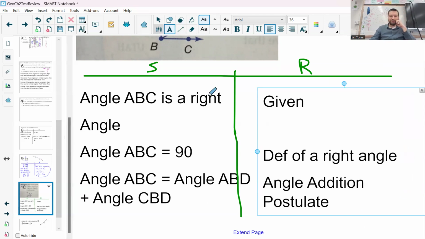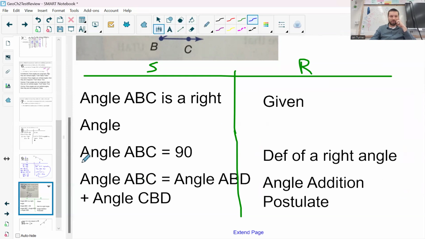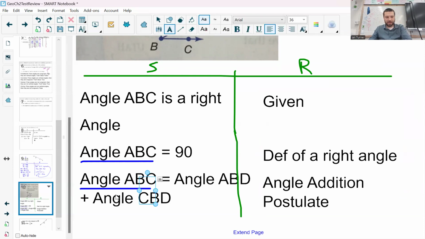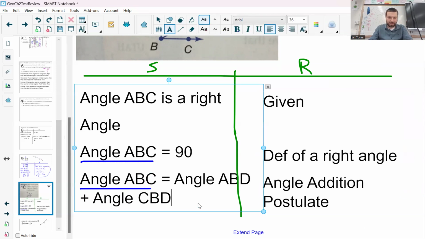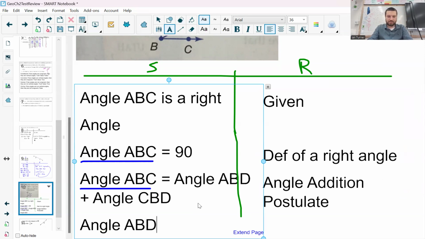Look at what we have here. Okay, we got angle ABC here. We got angle ABC here. Maybe we could set those equal. Let's do that. If we go ahead with that, we get angle ABD plus angle CBD. Whoa, they're cutting us out here.